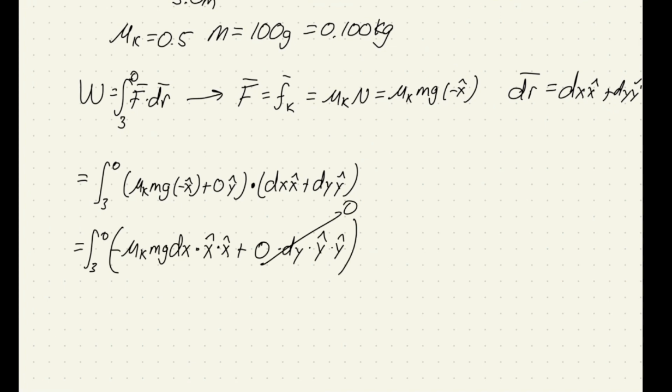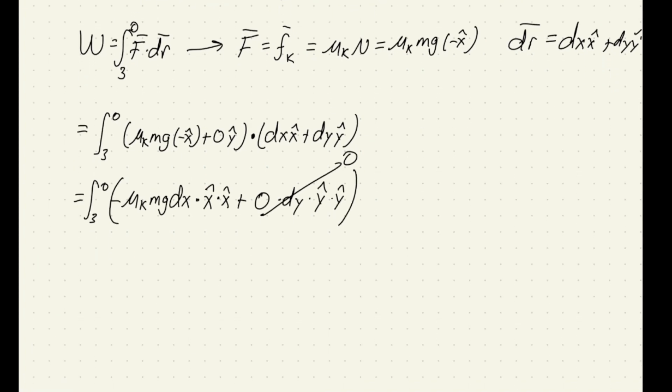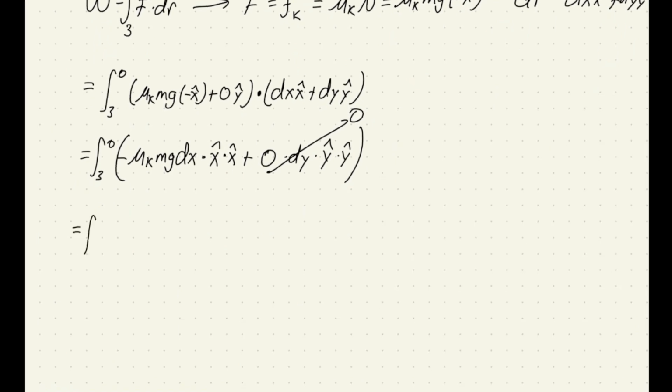Second term is going to go to 0 because of that 0 friction force in the y direction. And so I'm left with the integral from 3 to 0 of negative mu k times m times g times dx. Again, this x hat dotted into x hat just becomes the scalar 1.